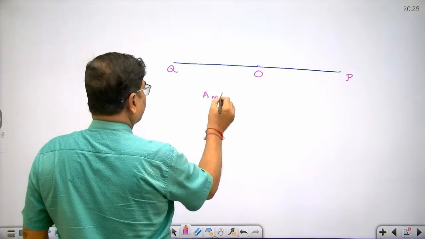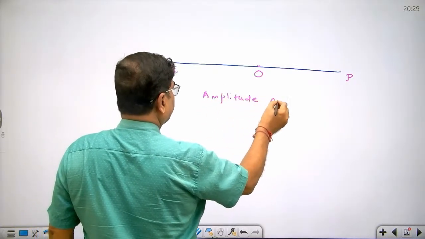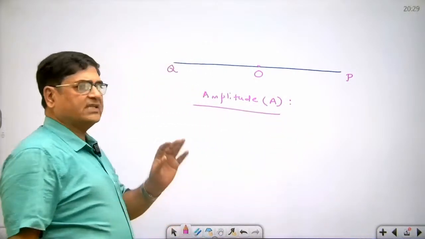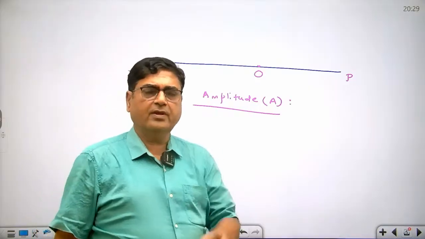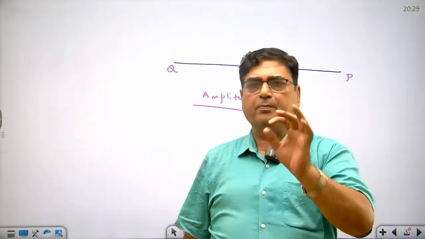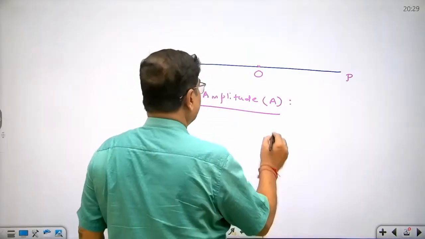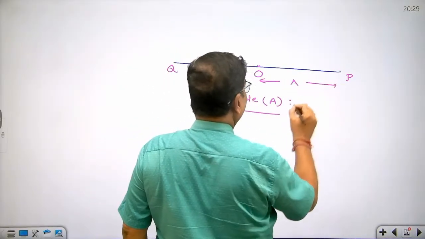First, we will understand what is amplitude, which is denoted by the letter A. Maximum displacement of a particle from the mean position is known as amplitude, okay? So, this is called A.